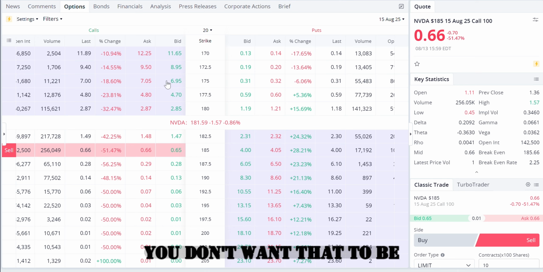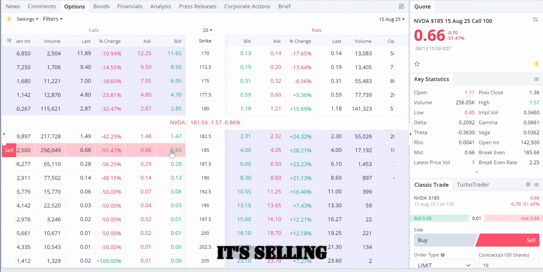You don't want that to be more than $30. You don't want it to be more than a $20 difference. A $2, $3 difference for small prices is fine, because that determines your profit, okay? If you're buying something for one price and you could only sell it back immediately, or when it's time to sell, it's selling for drastically lower than what you paid for it, it's not a good buy. Nowhere in life. It's not a good investment.